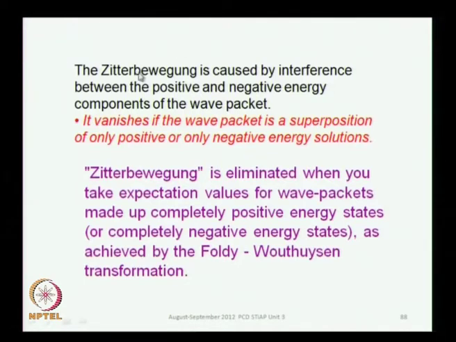This Zitterbewegung is avoided in the Foldy-Wouthuysen transformation, because it is present in the Dirac representation, but when you subject it to a transformation to a new representation, the Foldy-Wouthuysen representation, you will find that it is not quite eliminated, but very nearly so, much better than what it is in the Pauli approximation.